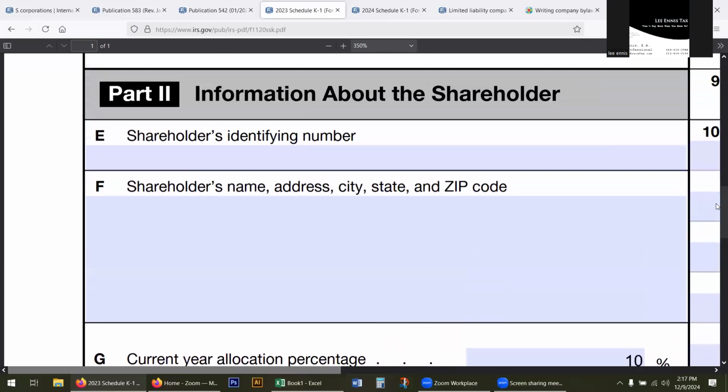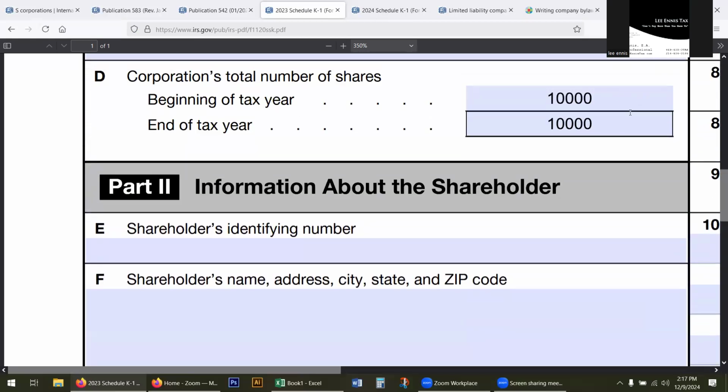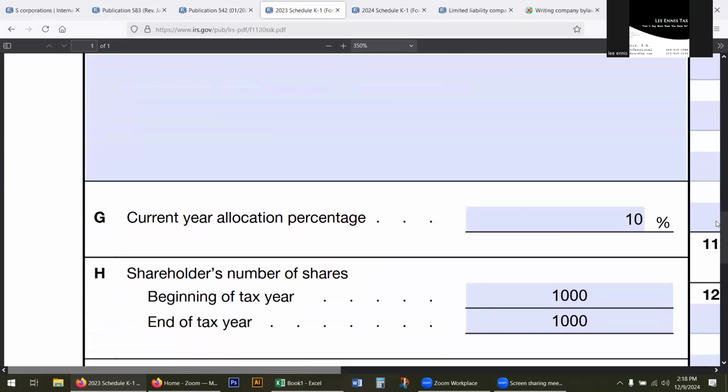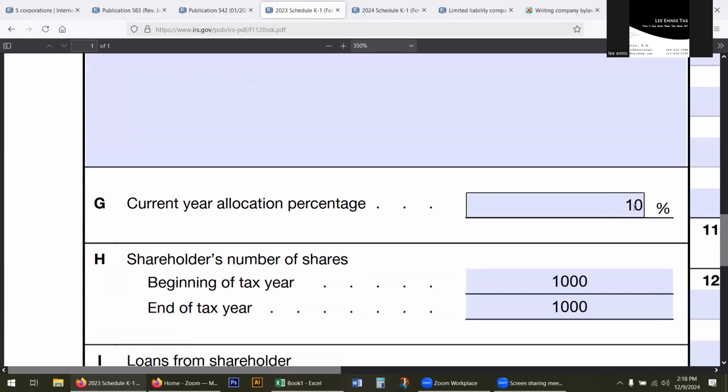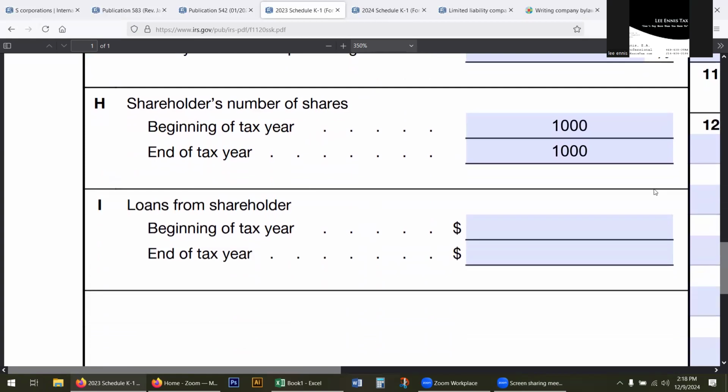You have to understand, number one, how many shares overall does the S corporation have? You want to know what your percentage will be, and that's going to be based on what you have contributed to the S corporation. And then whether or not there's going to be any loans, because you can either loan the S corporation money or you can contribute.